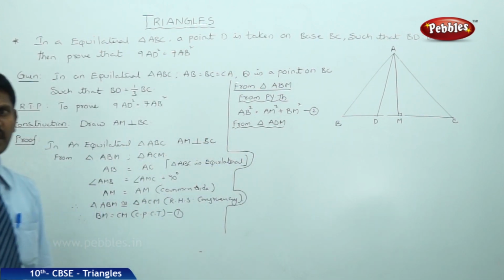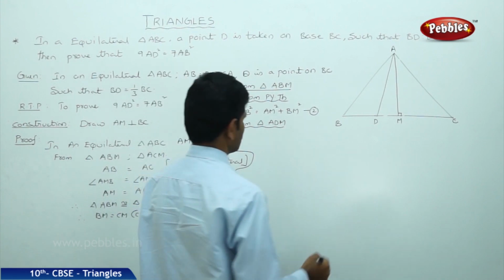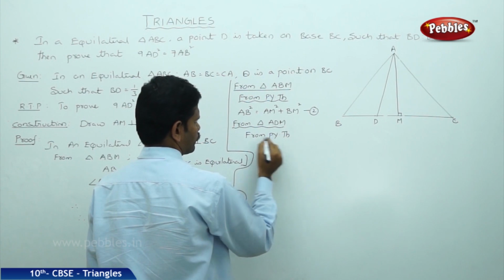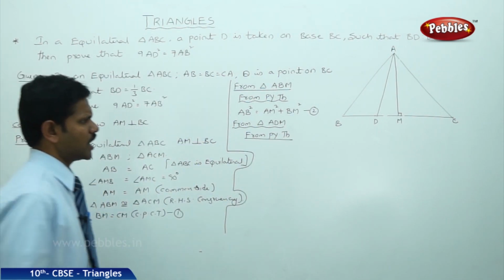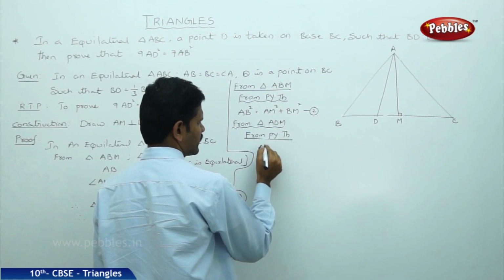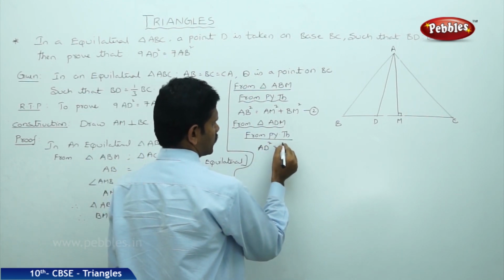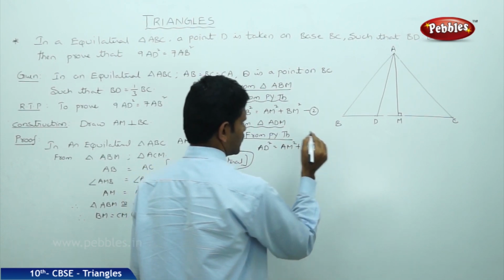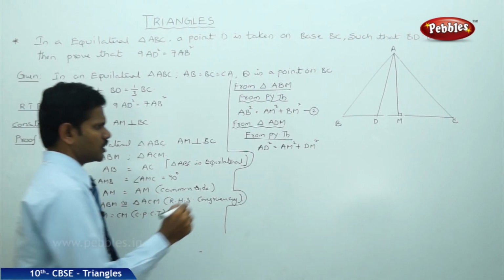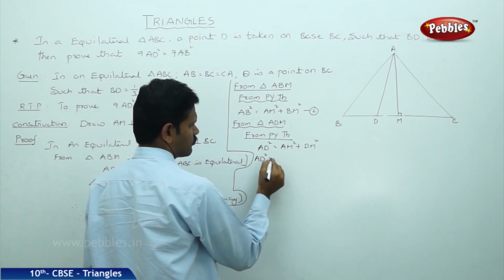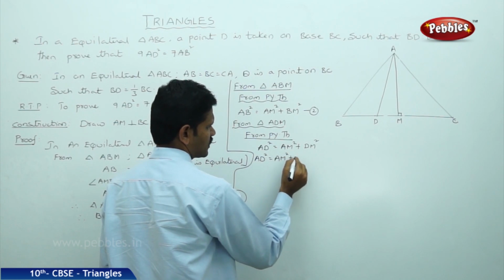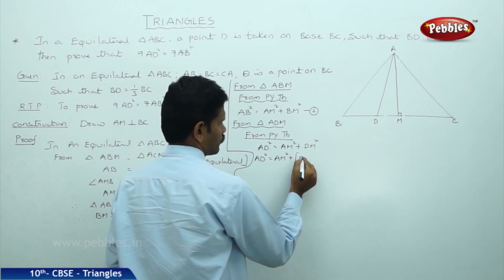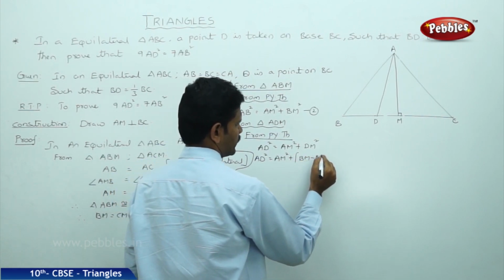From triangle ADM, again from Pythagoras theorem, hypotenuse square, that is AD square, is equal to AM square plus DM square. To find the value of DM, it is BM minus BD whole square.